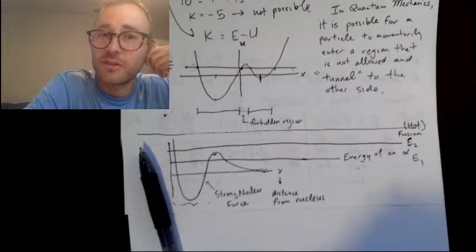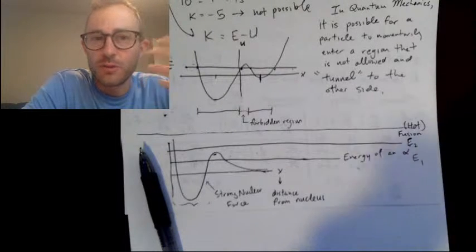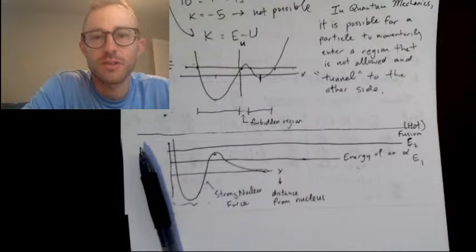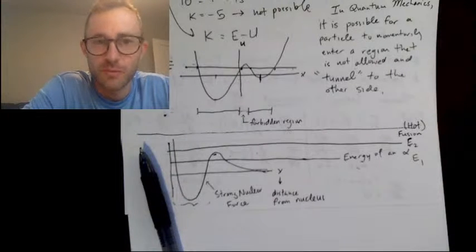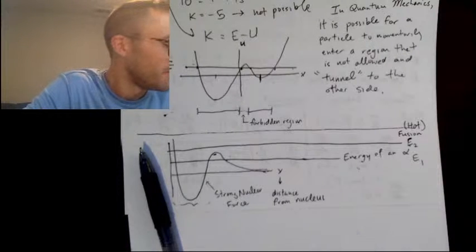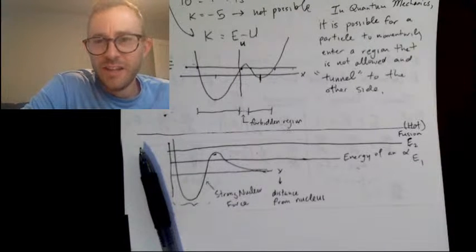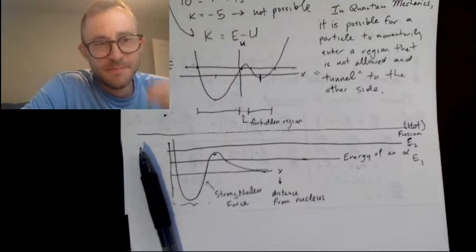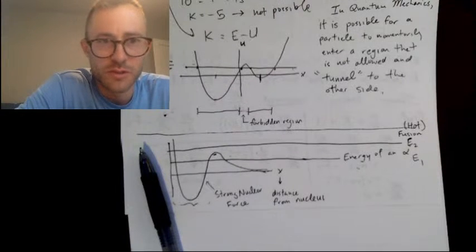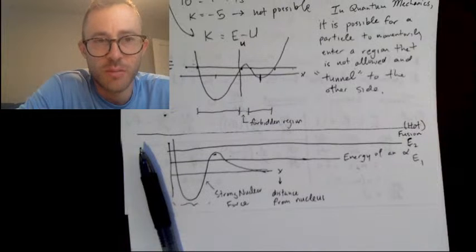I think that's interesting. That's why all fusion reactors have to be extremely hot, because you have to give the particles enough energy to fuse. If you've ever heard of cold fusion, it's kind of like a pie in the sky dream.